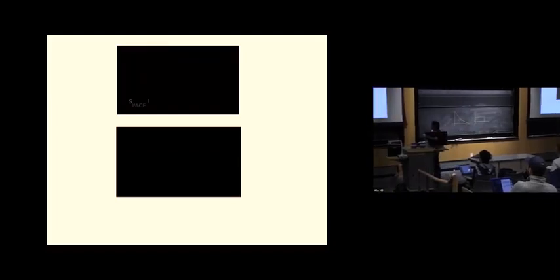So let's see how things look. You see the prediction. The prediction is on the left and the ground truth is on the right. What do you think about the prediction? Does it look good to you, or what is not perfect? What is missing?